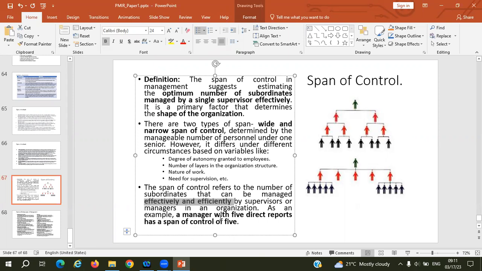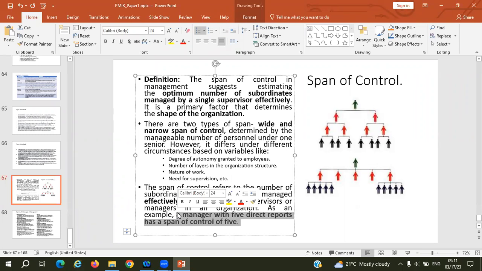As an example, a manager with 5 direct reports has a span of control of 5. So if a person has 5 persons under him, that means his span of control is 5. Span of control means the total number of subordinates under one person.